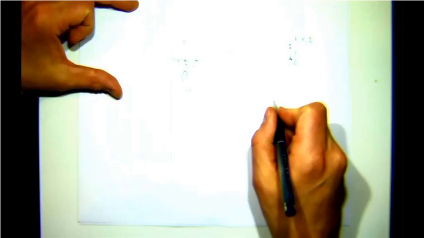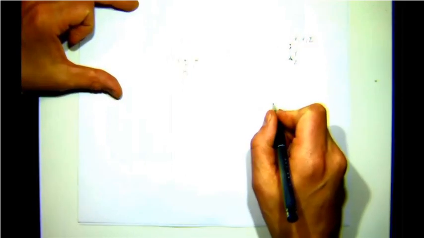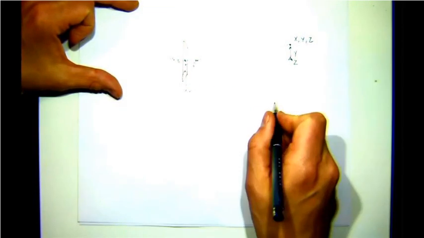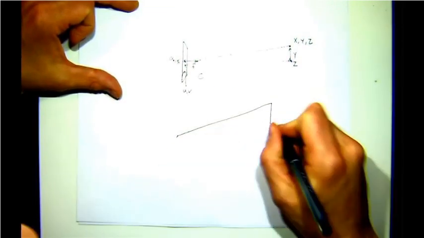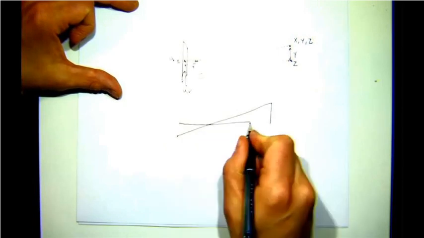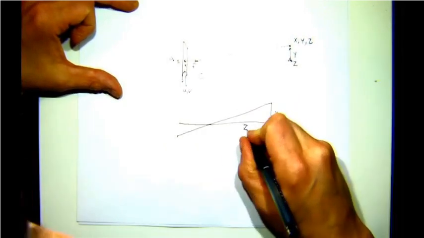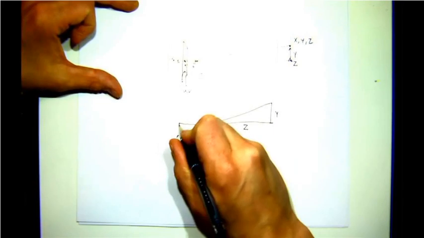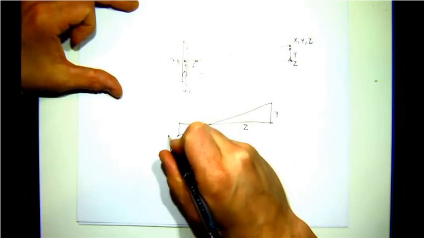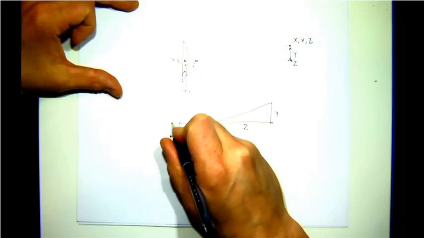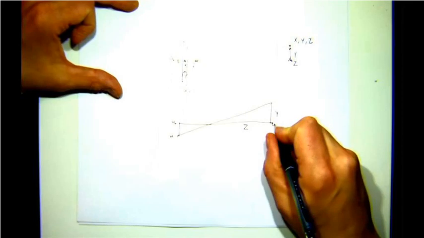So if we just look at the Y, Z directions and the U, V directions, what we've got is something like this, where we've got Y, Z, this is U, U naught, and we'll say this is just 0.